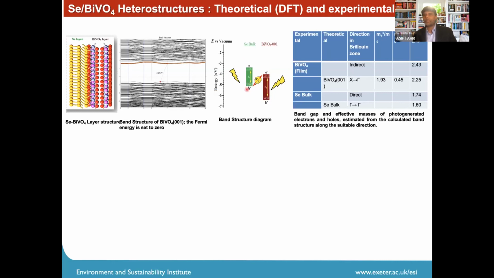Depending upon which material you take as the hydrogen evolution material or photocathode, and which as the photoanode or oxygen evolution material, the electrons generated by the oxygen evolution material should be able to transport to the valence band of the hydrogen evolution material, so they can compensate the charge generated on the photocathode.